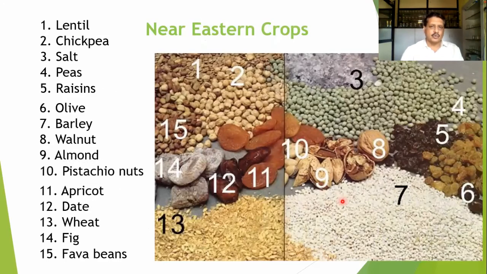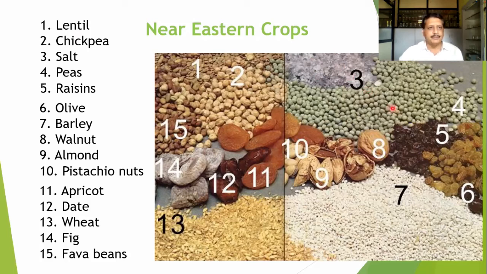Then Near Eastern crops. The Near Eastern region is the lower part of the Indo-Malayan Chinese center, the 7th center that we saw here. Here you can find the common plants which are found in those regions. First is the lentils. Then chickpea. Then third one is the salt, rock salt, which we can observe here.